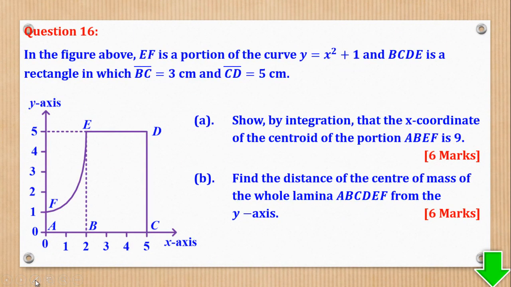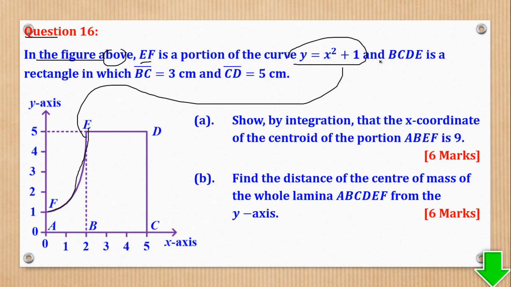Then we shall go to question 16. Question 16 says, in the figure below, EF is a portion of the curve given by this equation, and BCDE is a rectangle in which BC is 3 centimeters and CD is 5 centimeters.